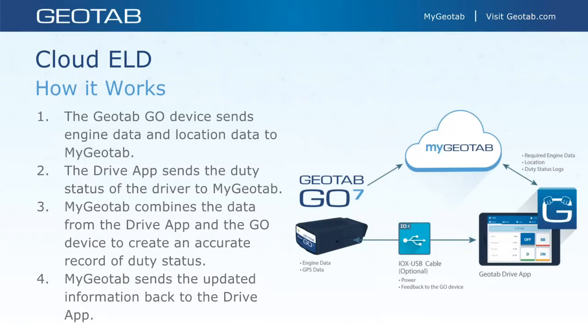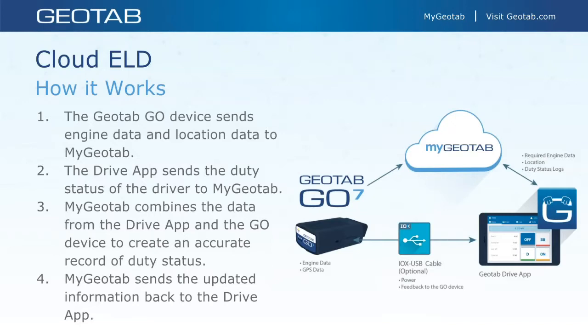So here's a visual representation of how this works. It starts with the Geotab Go device sending engine data and location data to My Geotab, to our servers. The Drive app sends the duty status of the driver to My Geotab. My Geotab combines the data from the Drive app and the Go device to create an accurate record of duty status, and My Geotab sends the updated information back to the Drive app.